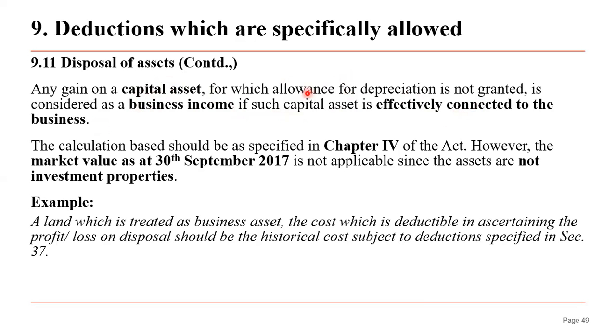Since it is land, capital allowance for depreciation is not granted, right? Then it is considered as a business income if such asset is effectively connected to the business. If it is effectively connected to the business, then we consider that as a capital asset, and also we consider it as a business income.